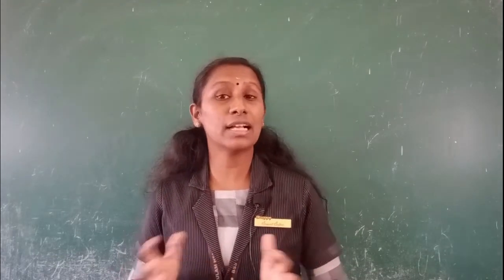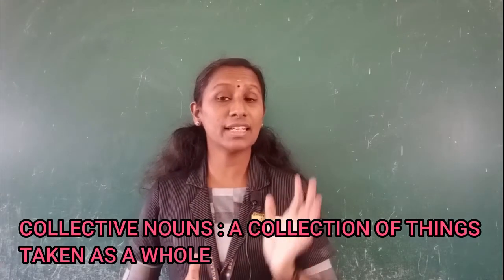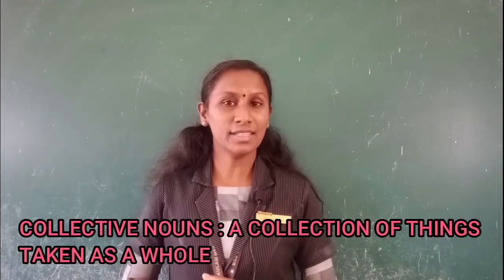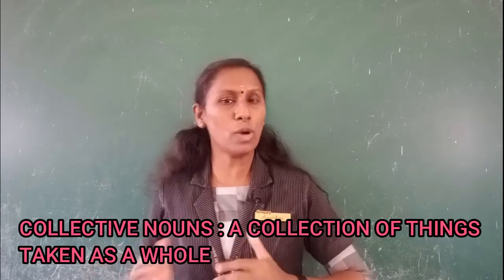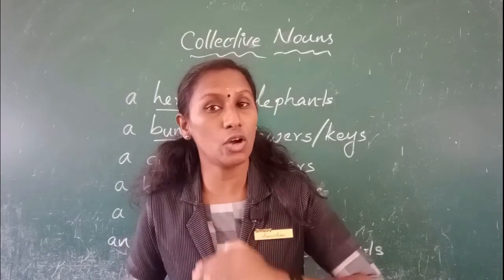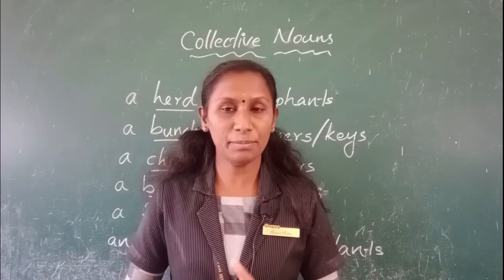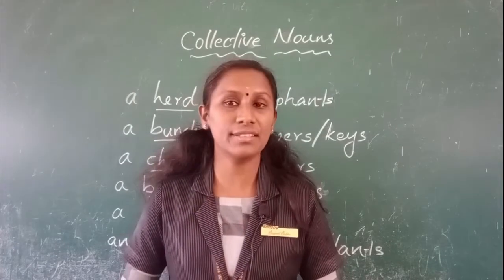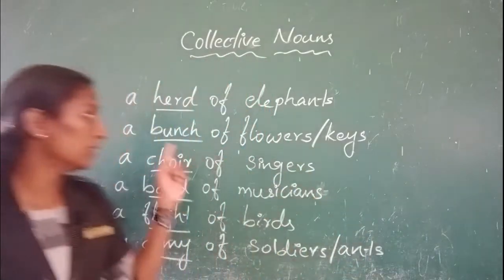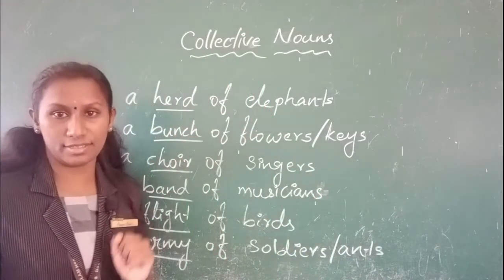Today let us learn about collective nouns. A collective noun is a collection of things taken as a whole, which means taken together as one. Collective nouns represent more than one person or thing. For example, for a collection of elephants, that is more than one, we usually say a herd of elephants.